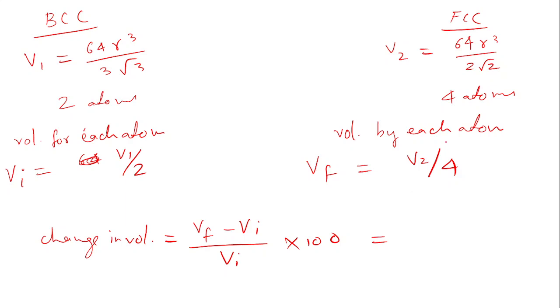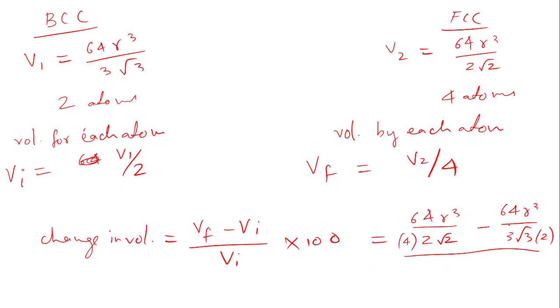So here that means V2 by 4, which is 64 r cube divided by 2 root 2 divided by 4, minus 64 r cube divided by 3 root 3 multiplied by 2, divided by this whole 64 r cube divided by 3 root 3 multiplied by 2.